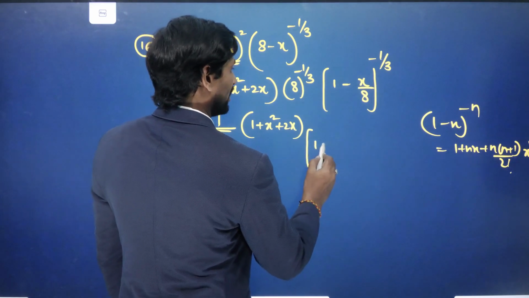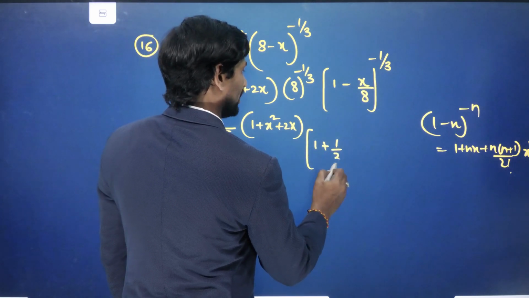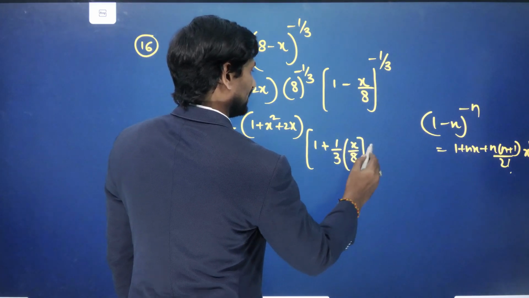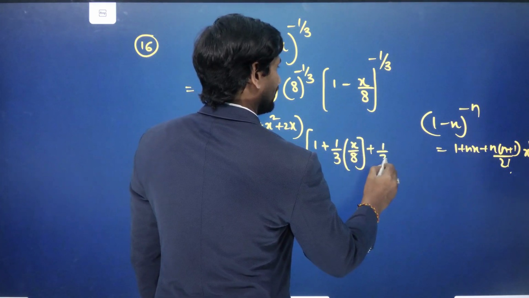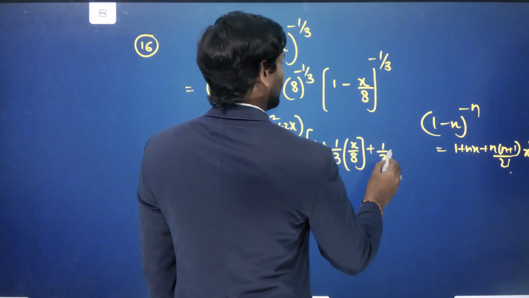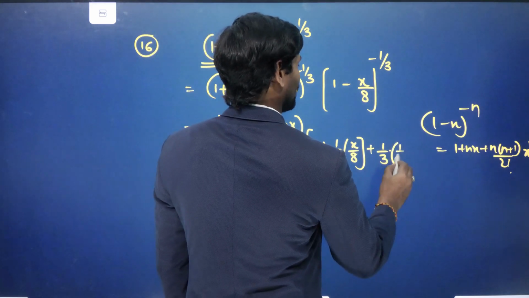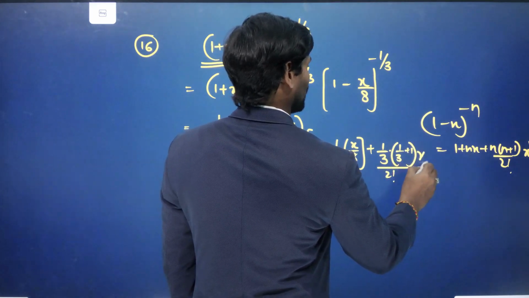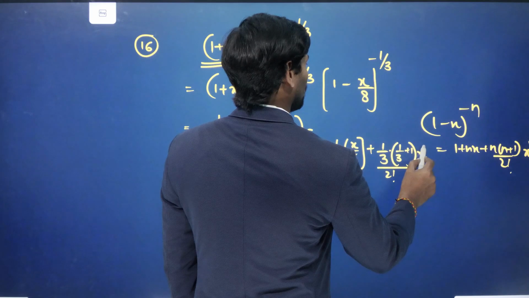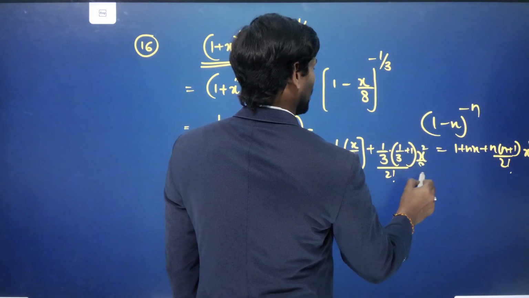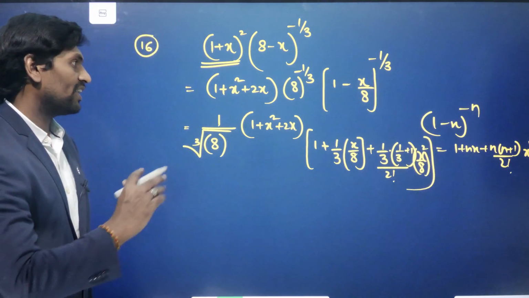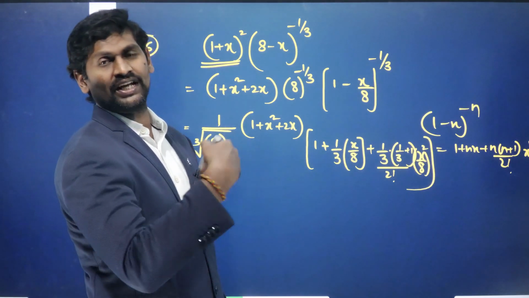I am writing here 1 plus n value 1 by 3 into x by 8 plus 1 by 3 into (1 by 3 plus 1) by 2 factorial into x square, where x value means x by 8. Up to square is enough because we don't need the x cube term.